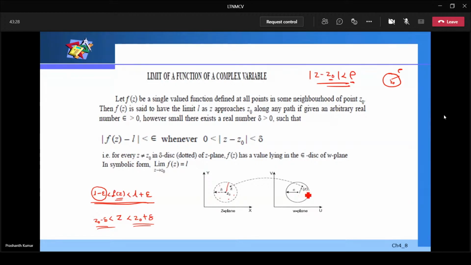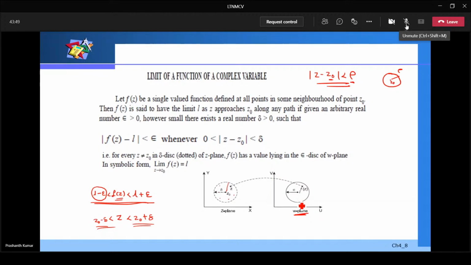Where are we taking f of z? In the W plane, where u is the x-axis and v is the y-axis. The uv plane is also called the W plane.